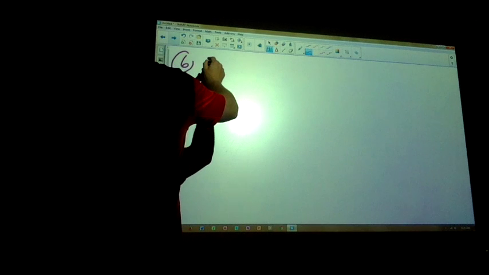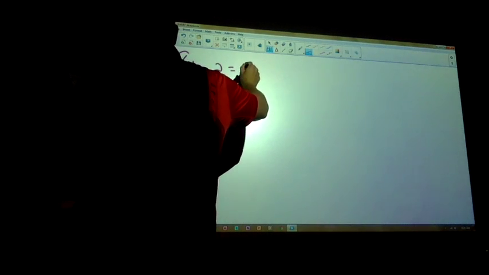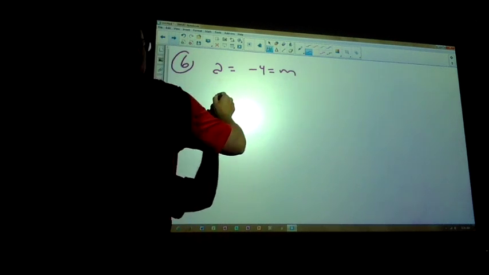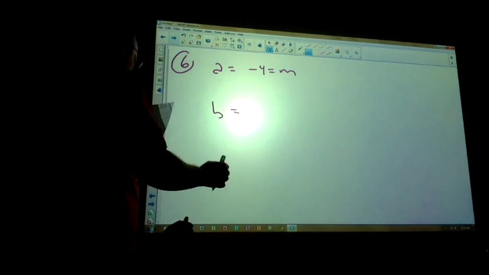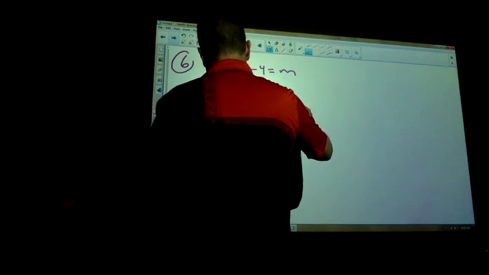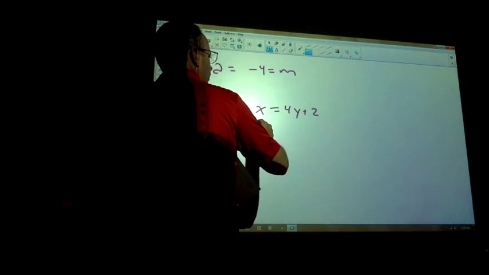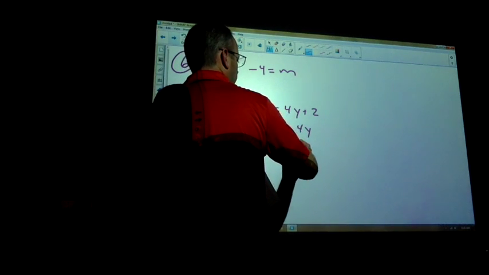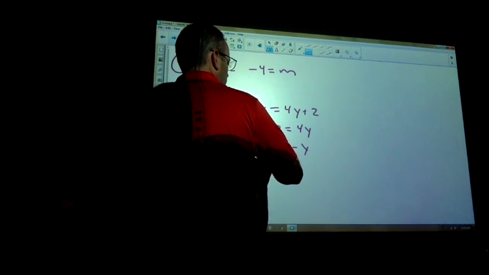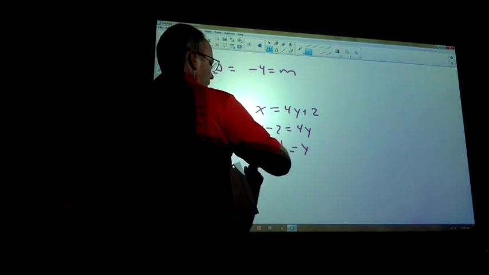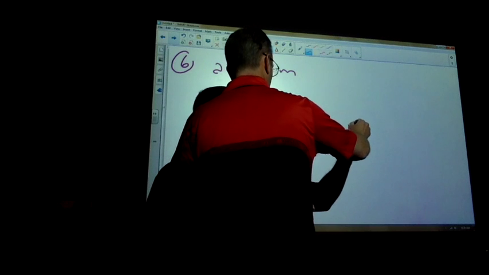Number 6. Line A has a slope of negative 4. Letter B has a slope of, oh, shoot. Let me work this out. X minus 2 equals 4y. I think I did that right. So that is a slope of 1/4.